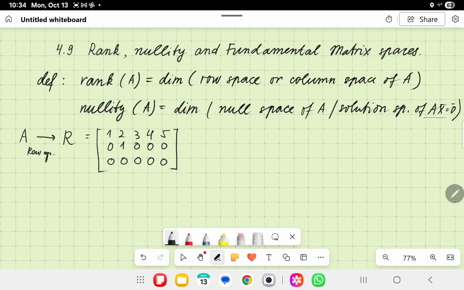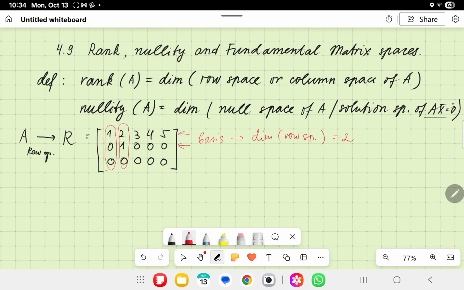So if we count how many rows we have left, we actually have 2 rows, and these 2 rows are going to create a basis, right? Which means that the dimension of the row space is going to be equal to... Now, how many leading ones do we have? Leading ones, we have 1 and we have 2.